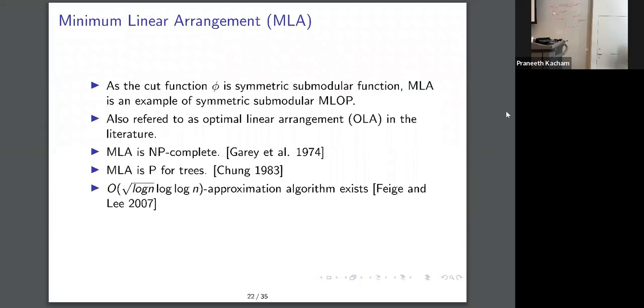And note that we have a symmetric submodular function, that is the cut function, for this MLOP. So this is the first interesting open problem. Can MLOP for symmetric submodular functions be approximated not much worse than this? There are currently no non-trivial bounds for that.